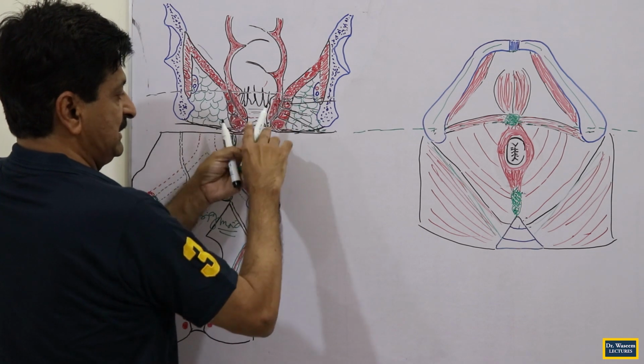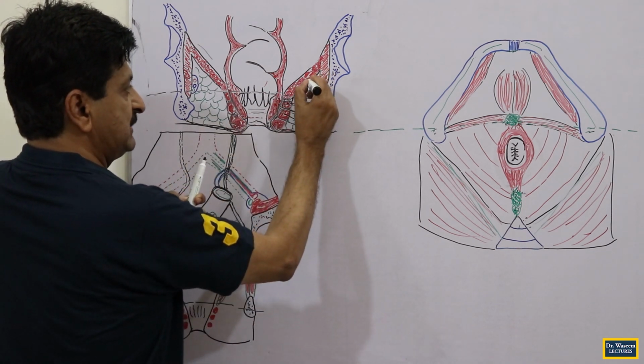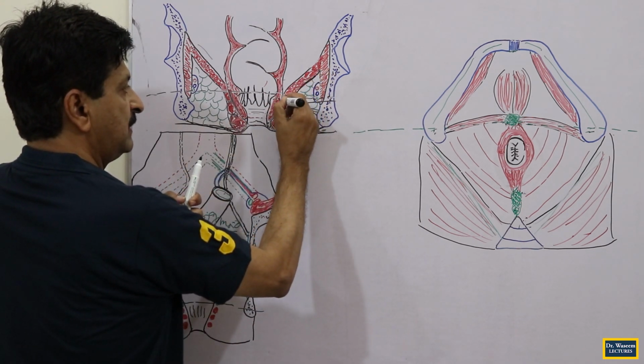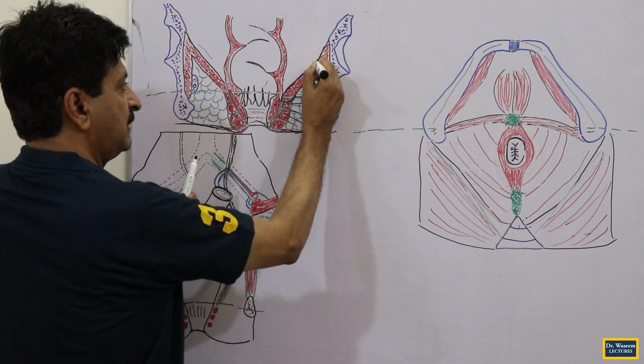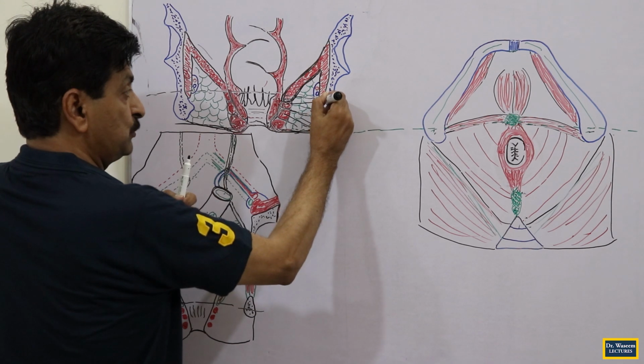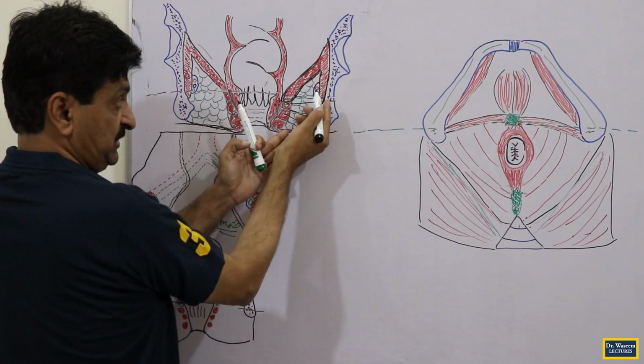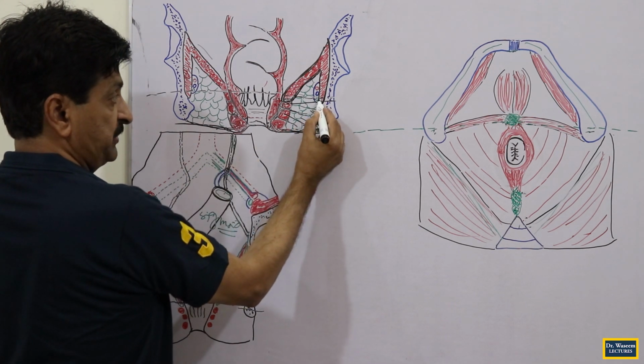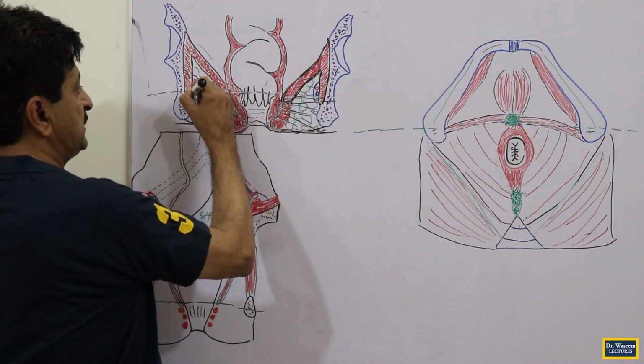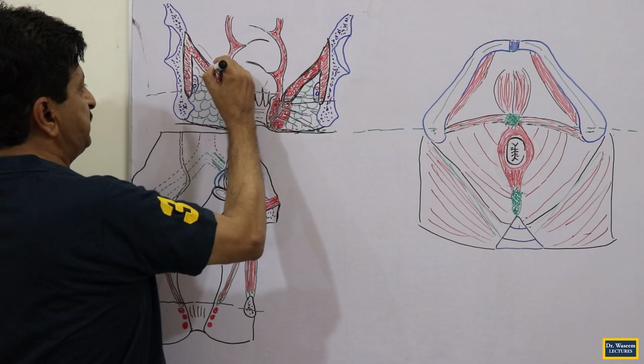Because there was a levator ani muscle, which was taking origin, you know, from where? It is taking origin from the obturator fascia through the tendinous ring, which is actually a thickening of the obturator fascia. So it was like this. So this is the levator ani.